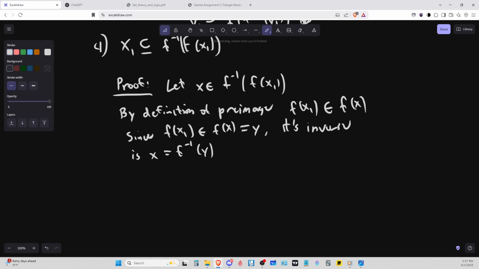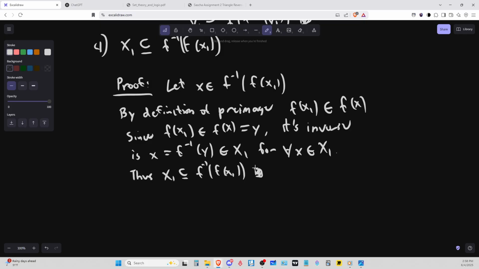Maybe we should put an equal sign. I think that would be better. Which is an element of x1. Thus, let's see.